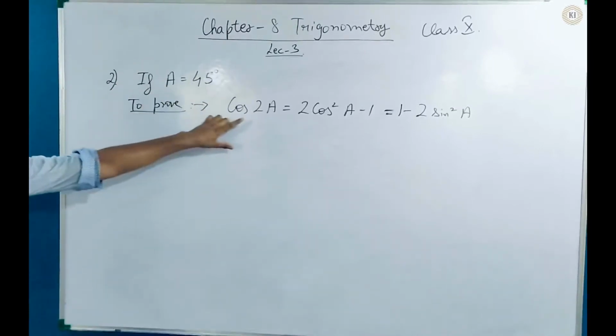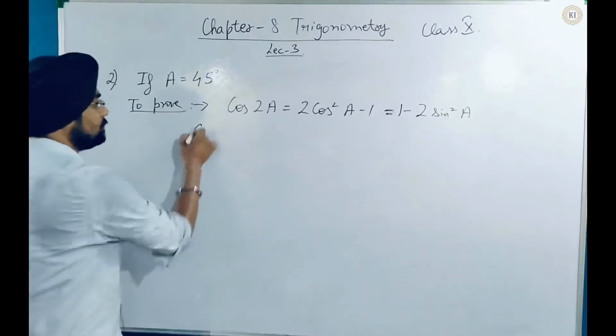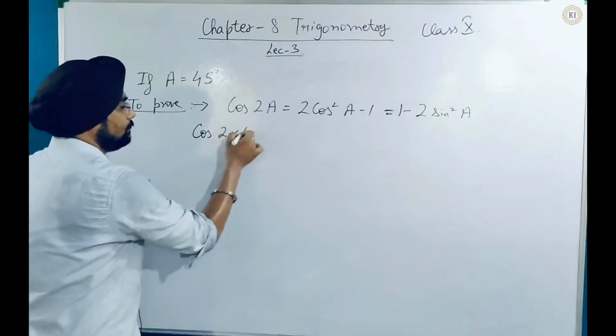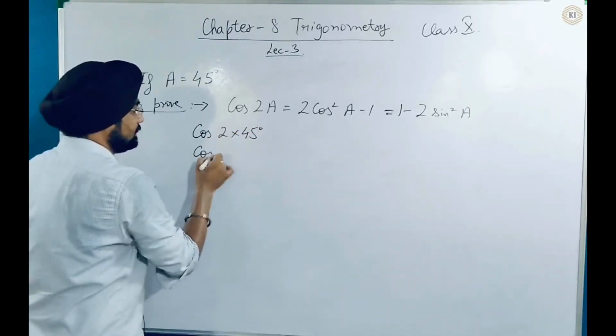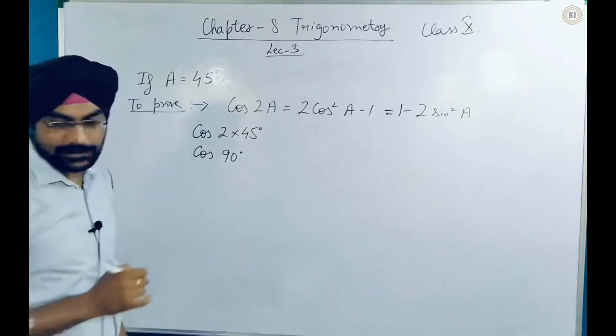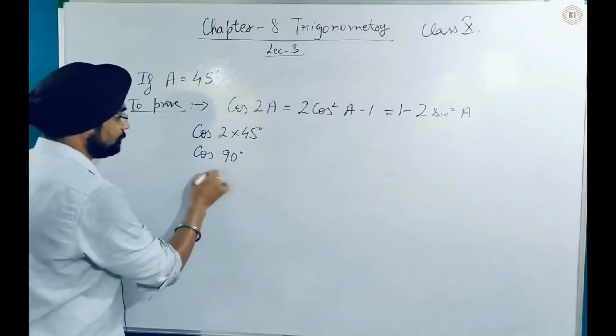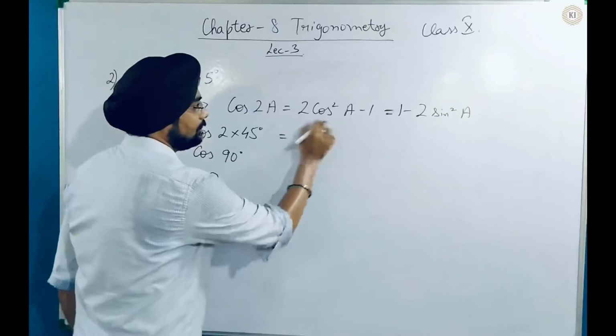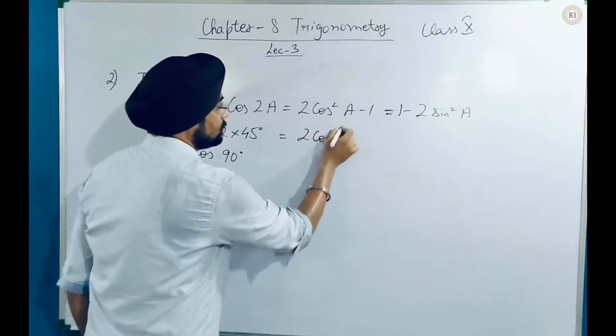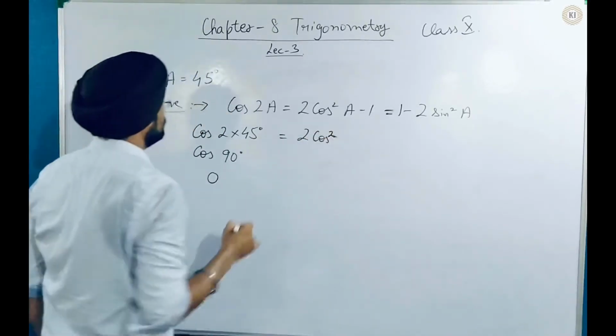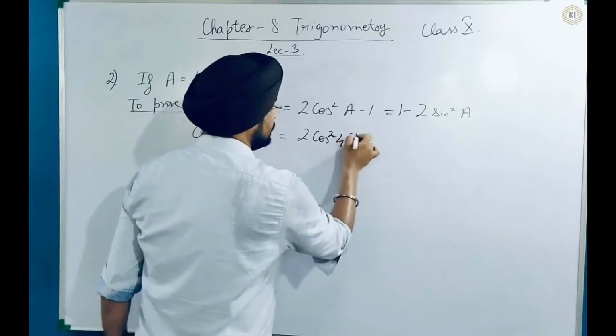So we will put here the value of A as 45. So cos 2 into 45, that is cos 90 degree. Value of cos 90 we know, that is 0, is equal to, we will put the value of A here, 2 cos square 45 degree minus 1.